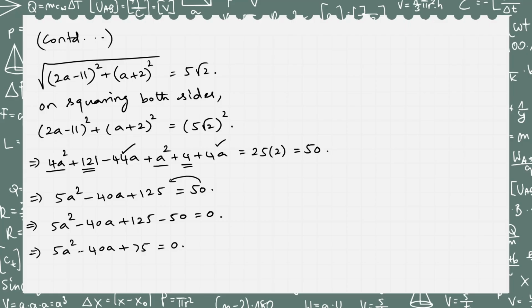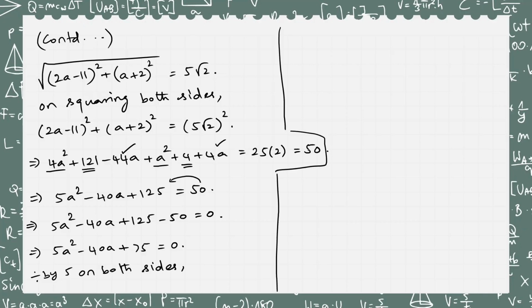Now since every coefficient is a multiple of 5 here, we can reduce the quadratic equation by dividing by 5 on both sides. So dividing by 5 on both sides, we have a square minus 8a plus 15 equals 0. 0 by 5 is also 0 only, right?